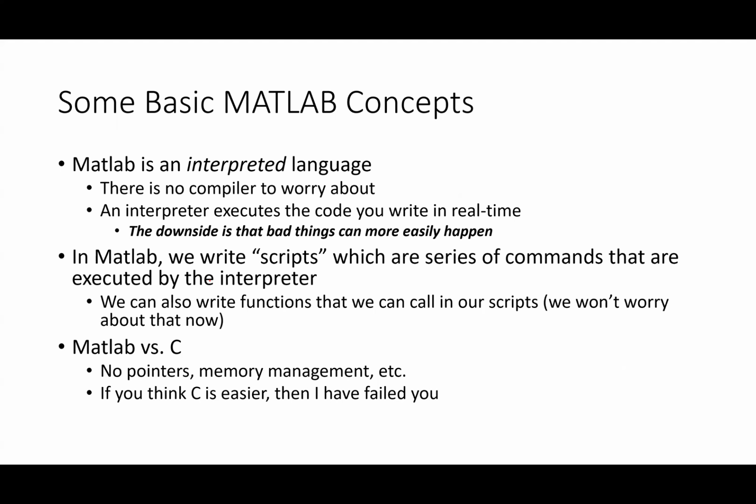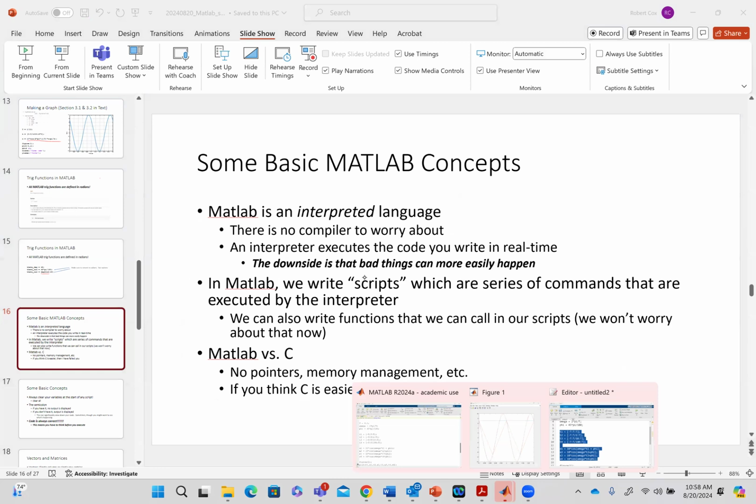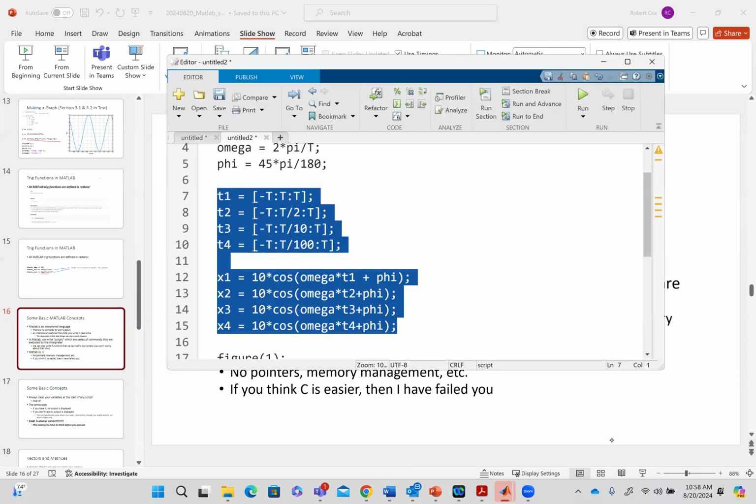When we have interpreted languages, we write scripts, is what we call them. A script is basically just a series of commands. So when you get MATLAB, I like my MATLAB to look like it did in 1997, which was one of the first times I used it.